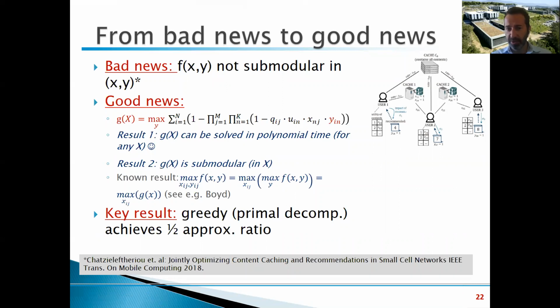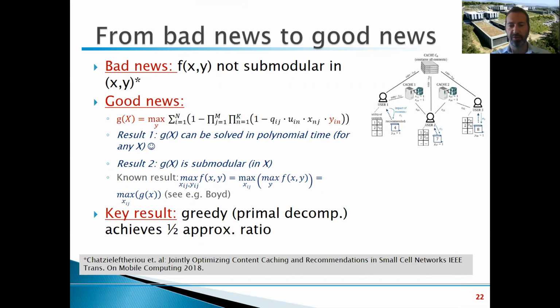First of all, the bad news is that even though all these objectives that we were looking at in femto caching and similarity caching, you can show relatively easily that they're submodular, now that we have an additional set of variables, if we want to do a vanilla greedy algorithm, and we try to show if this function is submodular in the joint set of both variables, the answer is that it's not. And it's pretty easy to see with a counterexample why it isn't.